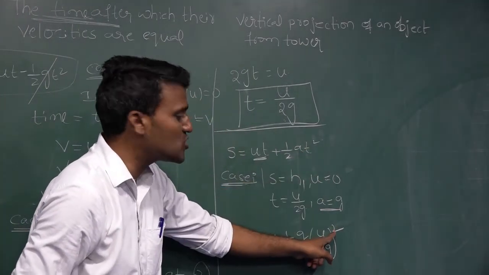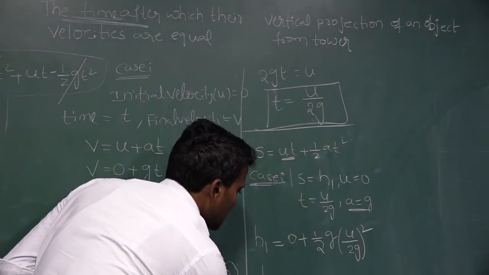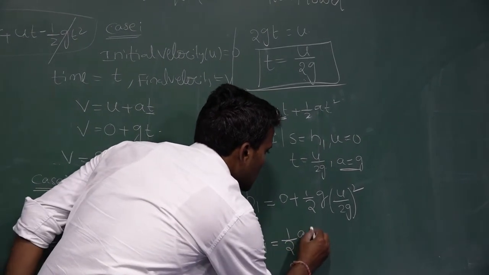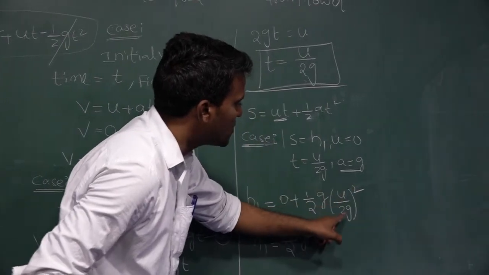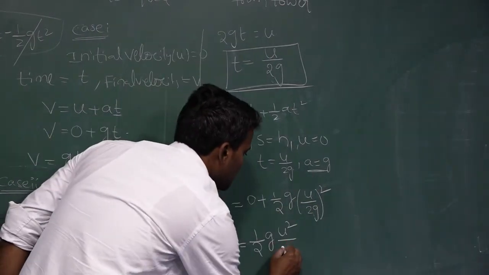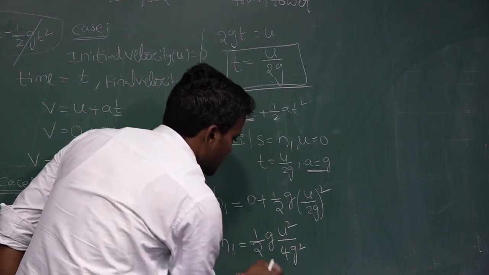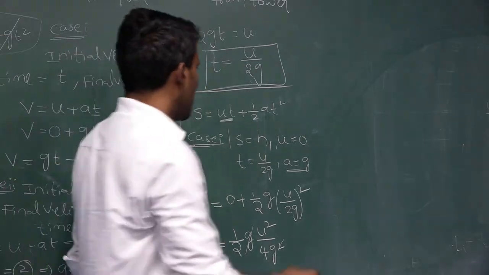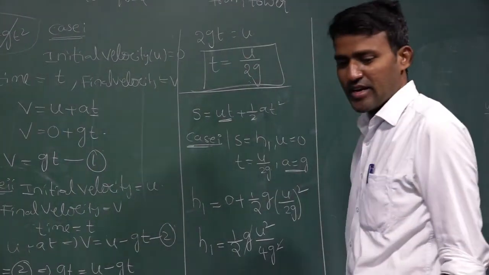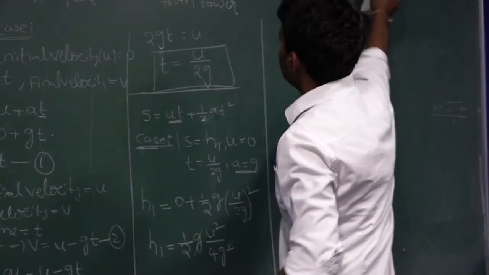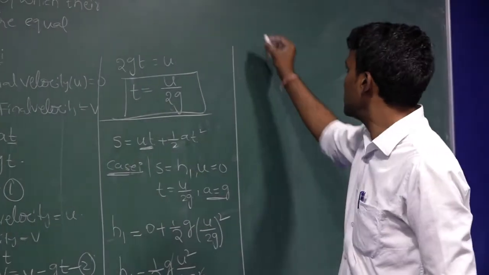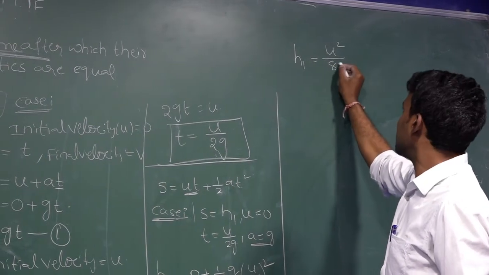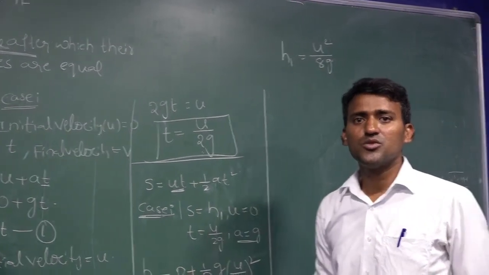T square is there, so that's why I substitute the square. h1 is equal to 1 by 2 g into u square by 2g whole square. 2g whole square means 4g square. In this situation, g and g square get cancelled. 2 into 4, 8. So we get h1 is equal to u square by 8g.